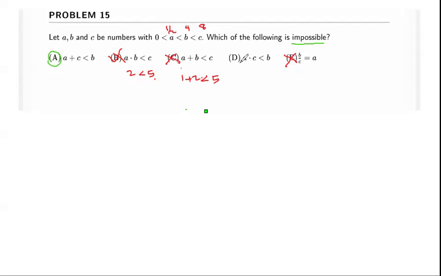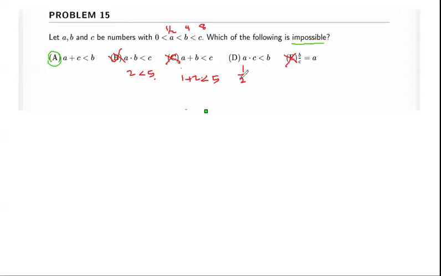And C, A times C is less than B. That is also possible because if I choose A as 1 and let's say C as 3, then the product A times C should be smaller than B, but if I choose 1, it does not work.